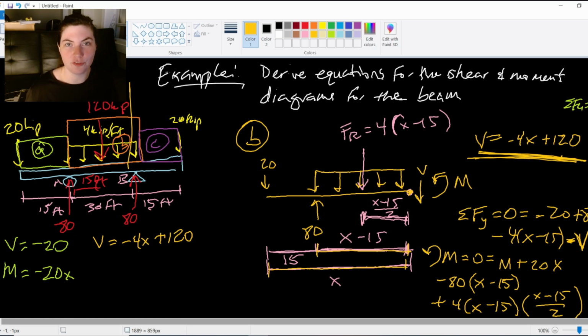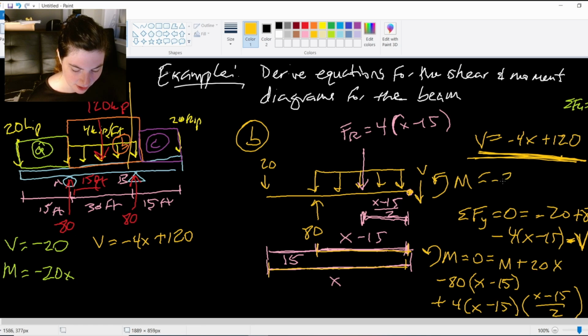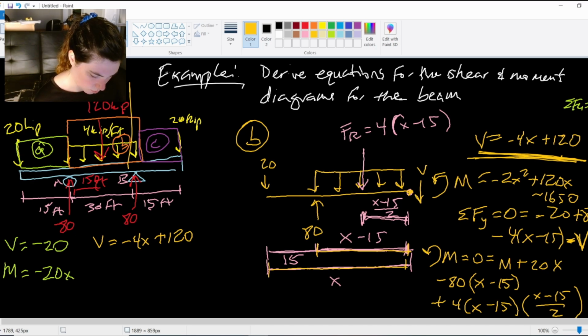We're going to have to FOIL to find this moment equation. So this moment equation that we get once we FOIL it all out and add up all of these x's, we get this really kind of gnarly polynomial: negative 2x squared plus 120x minus 1650. Woof.